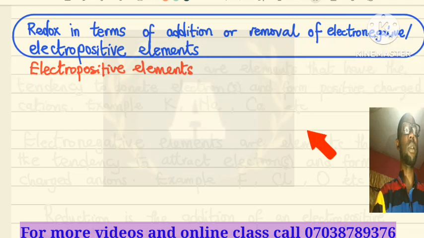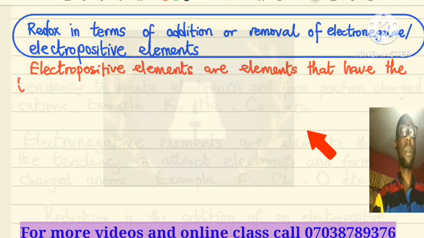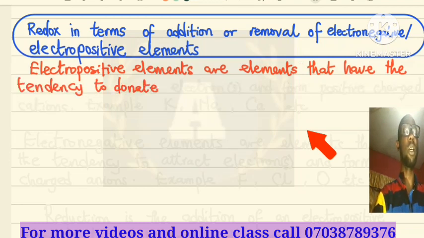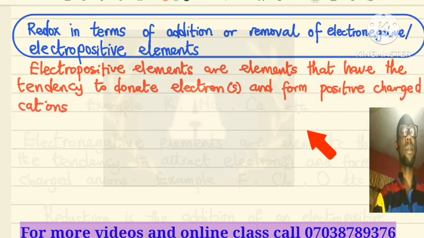Electropositive elements are elements that have the tendency to donate electron or electrons, and form positive charge cations.